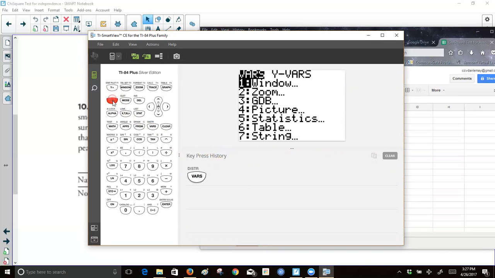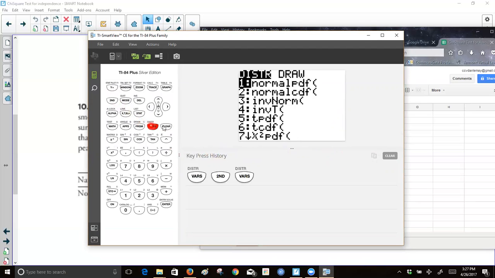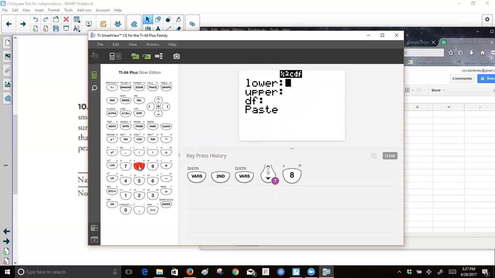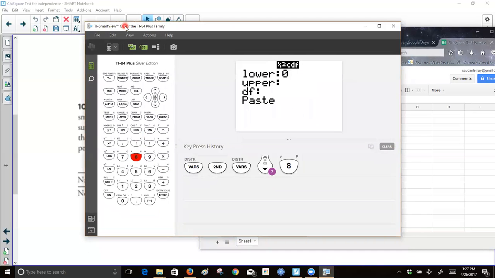Here we go. And if you scroll down, you'll see chi-square CDF. So choice 8. And my lower bound is my chi-square test statistic, which was what? 24.8.